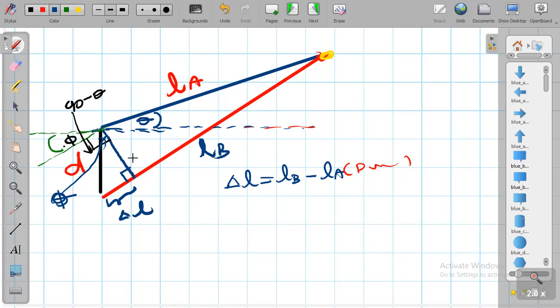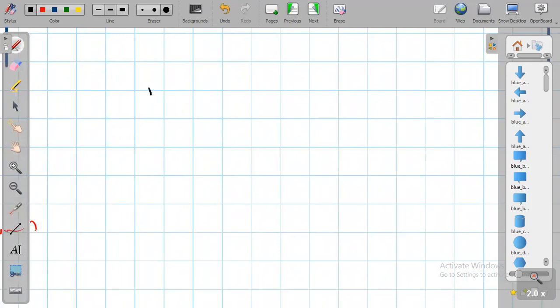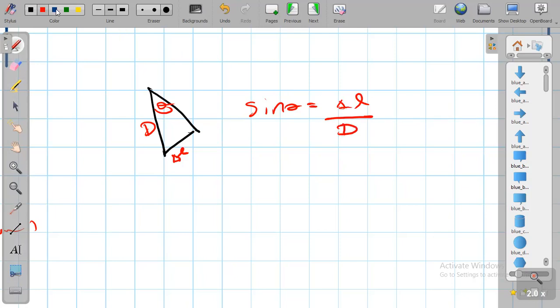Now let me explain this using a very simple diagram. This is d and this is theta. According to sine theta equals delta L over d, I'll use simple d. Now the path length difference equals d sine theta, isn't it?